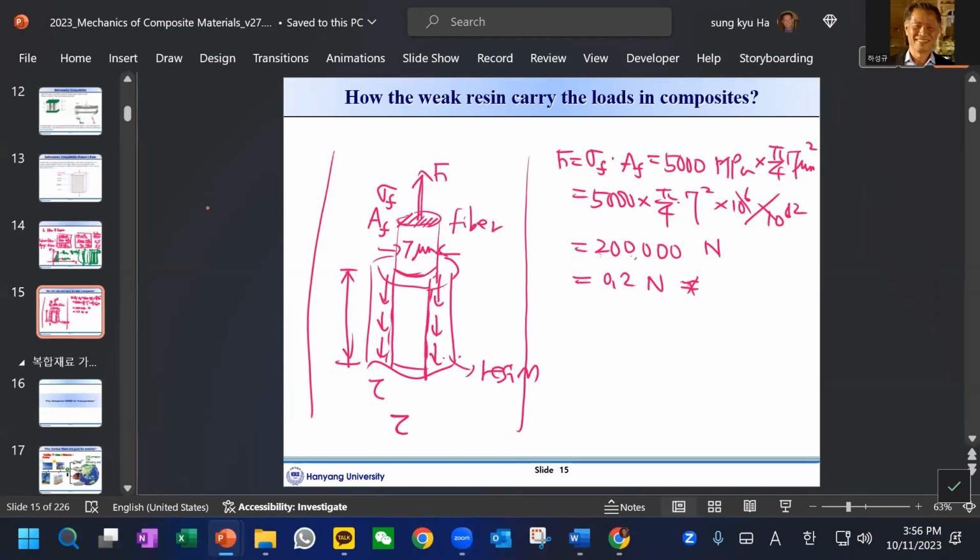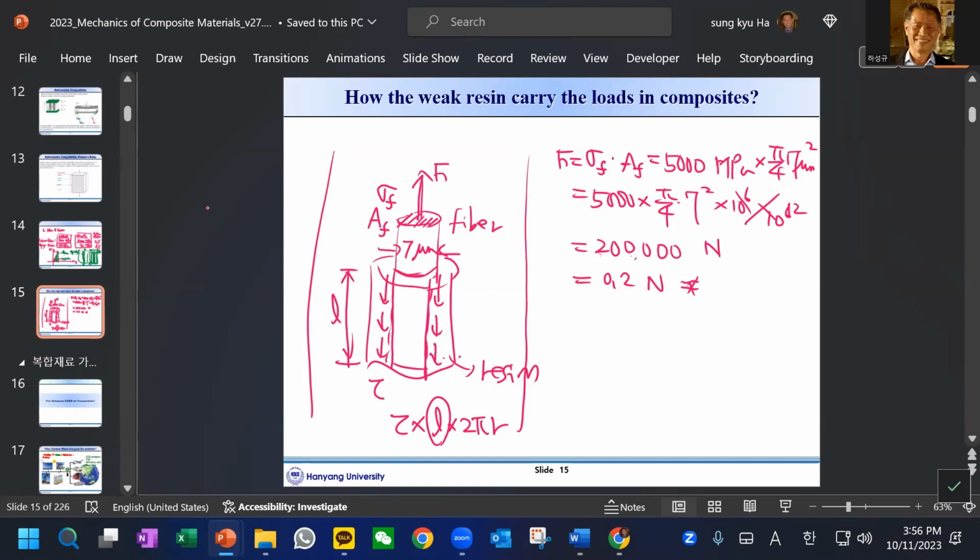So shear stress times the length, and times 2 pi r. Here r is the 7 micrometer. And here the length L can be really large.